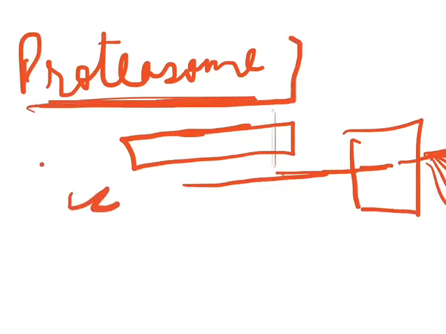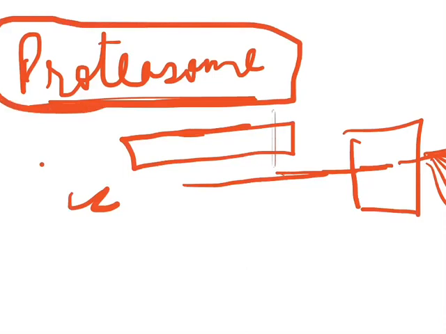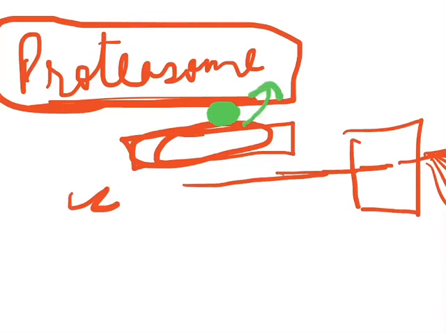But this proteasome, which degrades the old proteins, needs these proteins to be marked, like they should have a certain sort of stamp attached to it. Say this red is the protein and this green color is that stamp; only then can it get entry into the proteasome. And this green stamp is called ubiquitin.